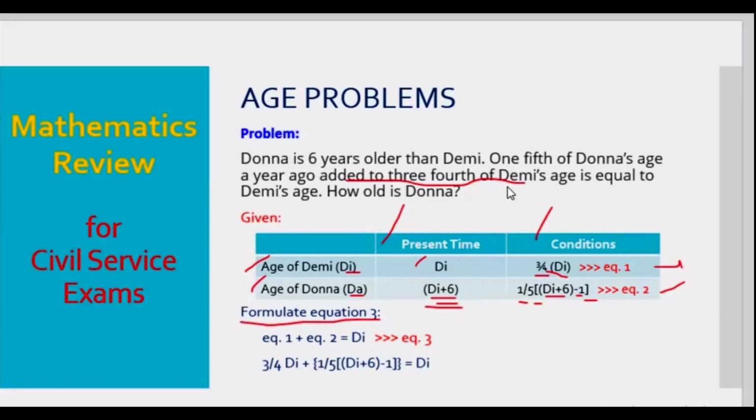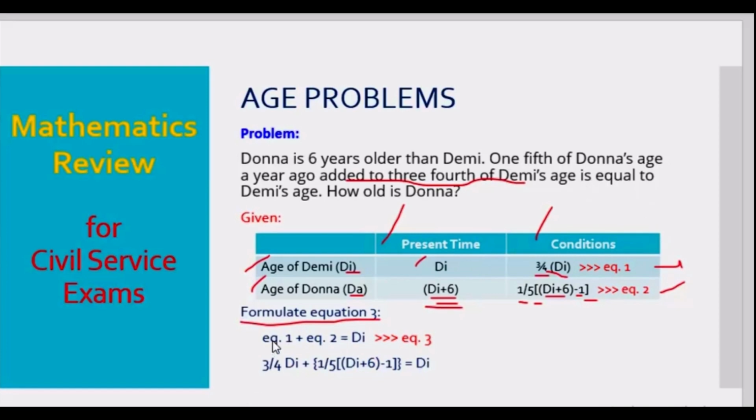The problem says 1/5 of Donna's age, which is here the equation 2, when added to 3/4 is equal to Demi's age.